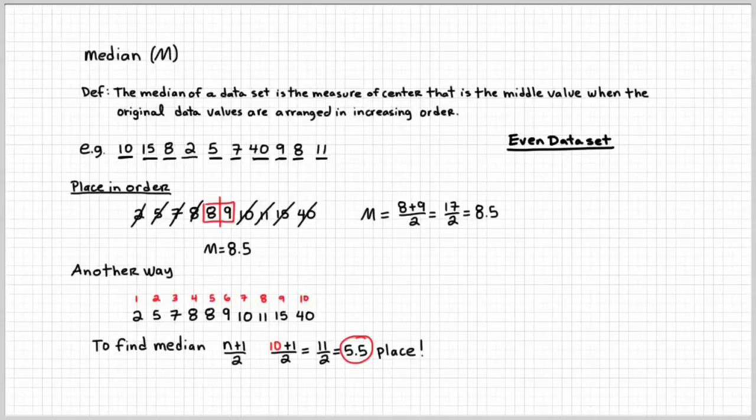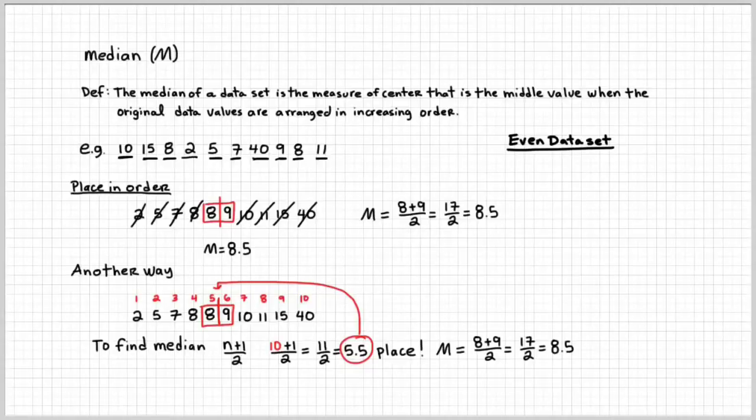5.5 what? Well, it turns out that 5.5 is the place where the median is going to be. That is, it's going to be between 8 and 9. Because of that, we find the average between 8 and 9.